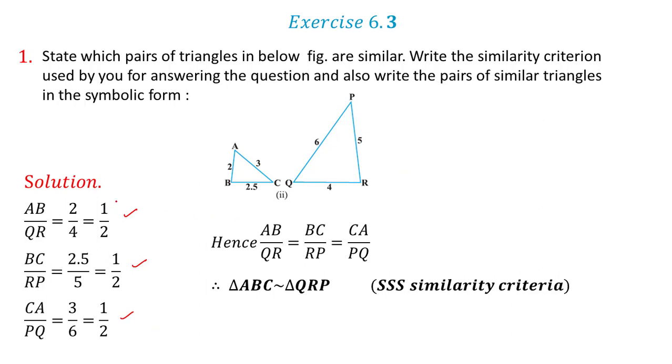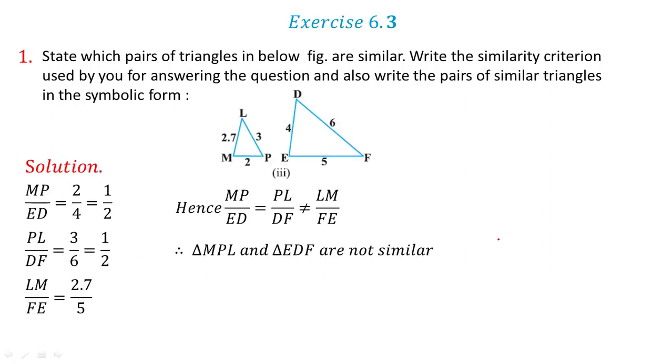So what we find is that all these three sides have proper ratios, I will say that the corresponding sides of these two triangles have the same ratios, so therefore these two triangles are similar, and the criteria is SSS similarity criteria over here.